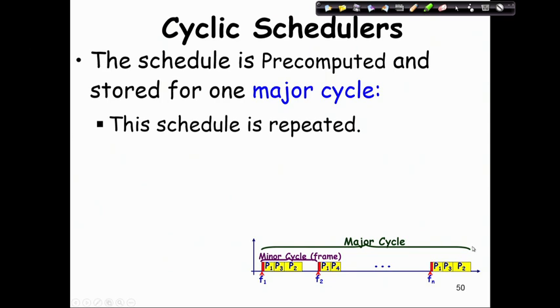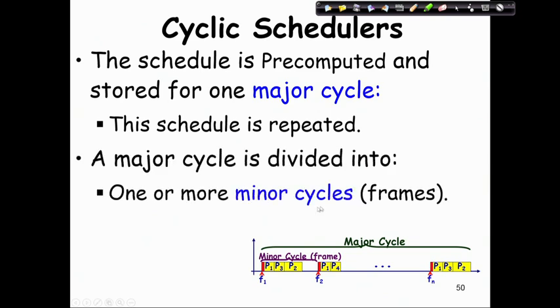So, after every major cycle, we repeat the schedule, but the major cycle is divided into many minor cycles. The minor cycles are also called frames. So, as you can see these lines here, these are basically clock interrupts, and these define the frames.